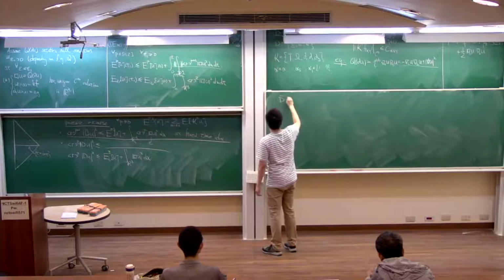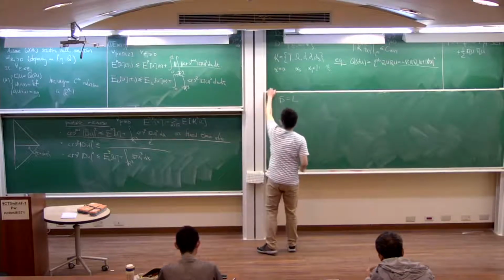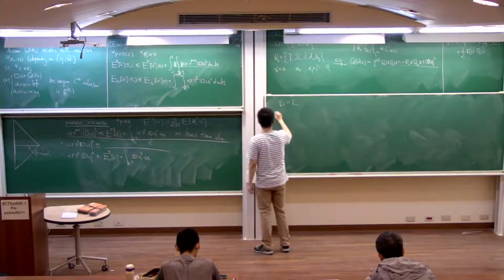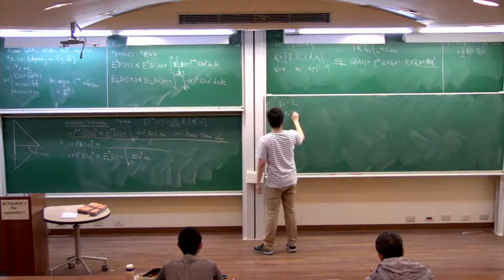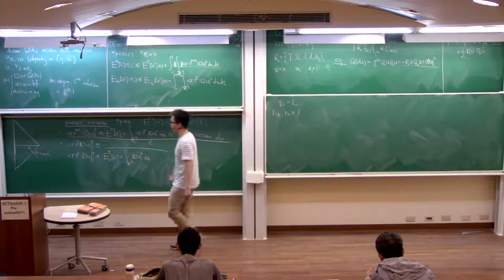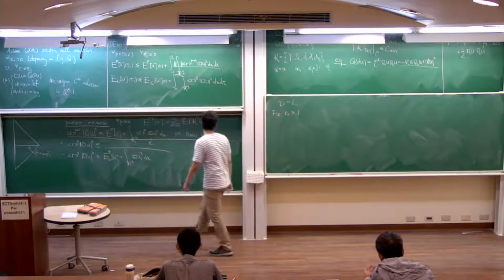For d bar equals L, I want to control the L derivative of U. So fix R naught greater or equal to 1, because if R naught is less or equal to 1, this weight is not important.